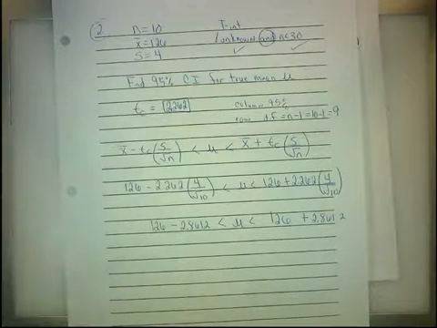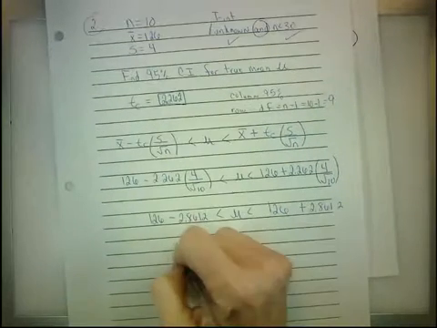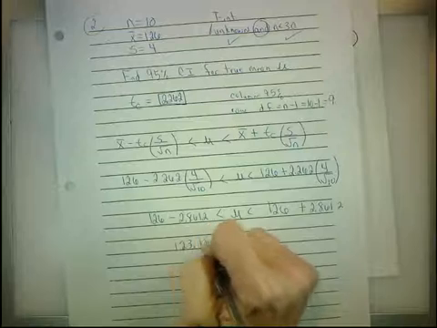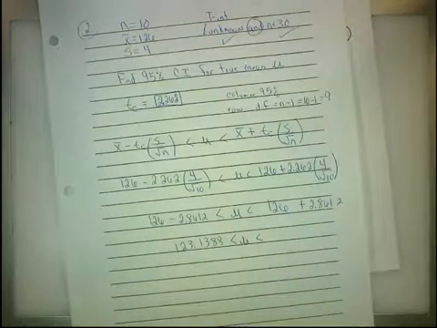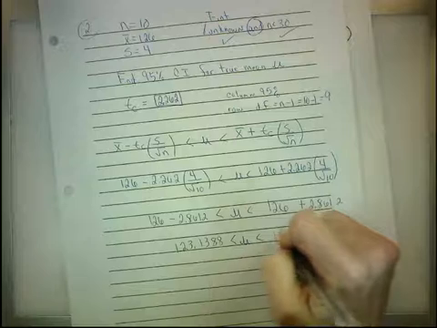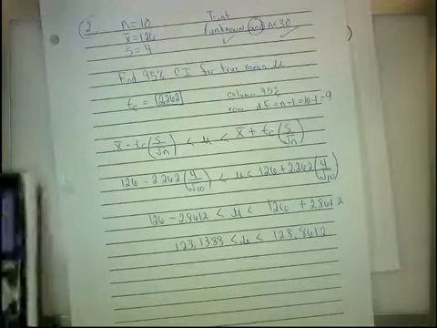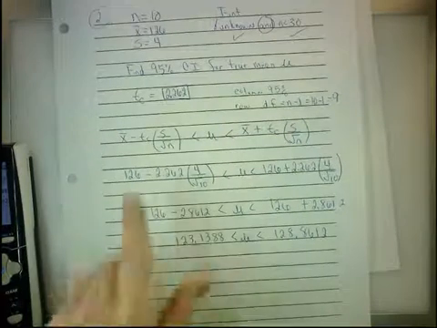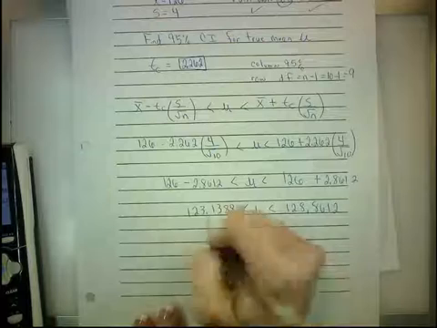Subtract from 126: 123.1388. Add to 126: 128.8612. Round accurately to the same places as the given sample mean, which is 126, a whole number.